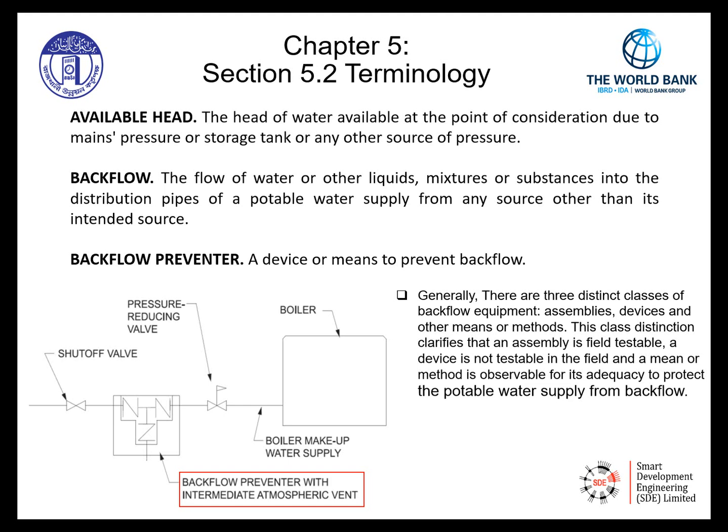Based upon the pressure differentials between the check valves, lower pressures in the potable connection to the backflow will discharge the water through the intermediate atmospheric vent at the bottom of the backflow preventer, thus not allowing the water to migrate back into the potable water supply. This is one means of how we protect the potable water supply from backflow.